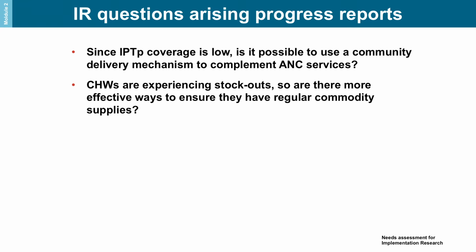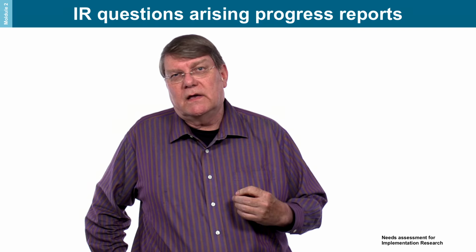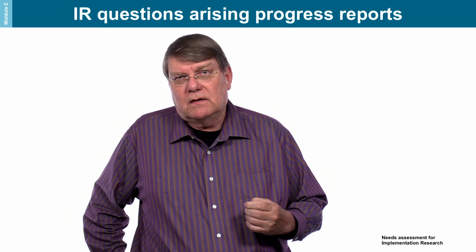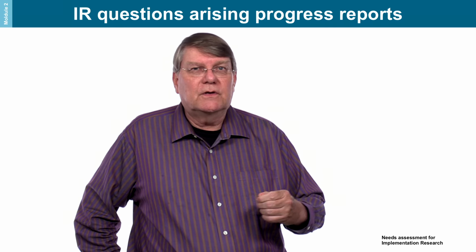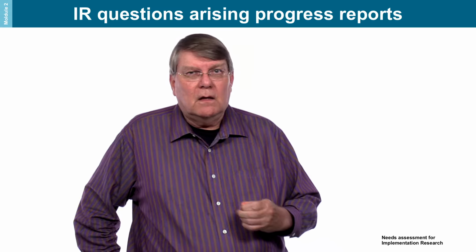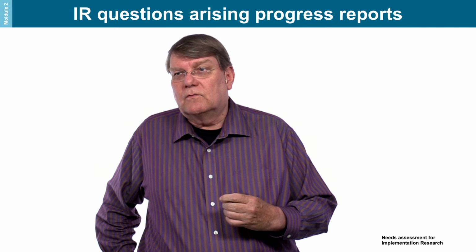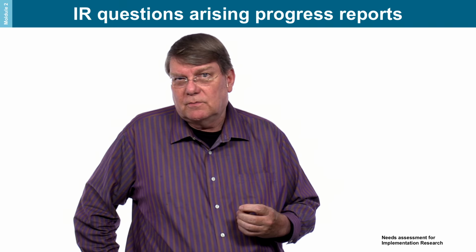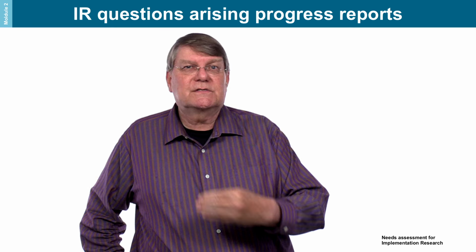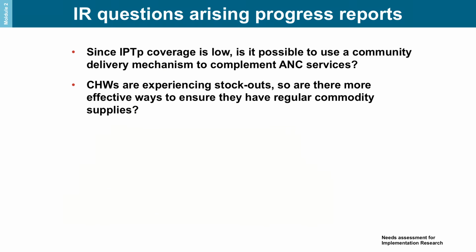So the question is, is there a better, more effective way, an intervention that could improve the availability of these drugs and other commodities to address community case management? Is there a role for the private sector? Is there a role for revolving funds? What could be done? So we need to raise these kinds of intervention ideas as questions for implementation research.